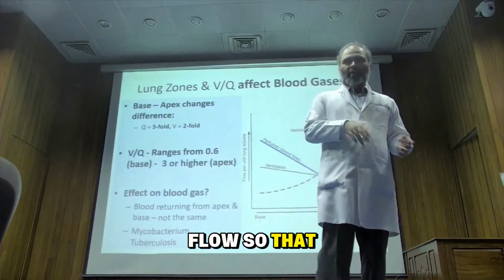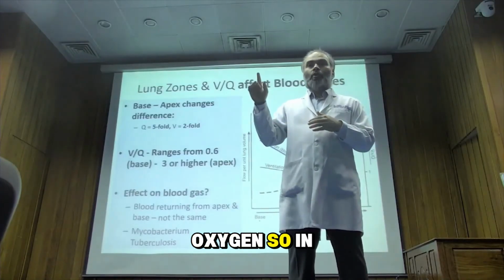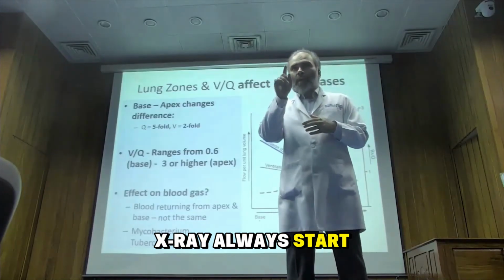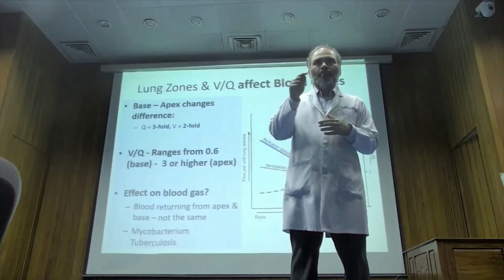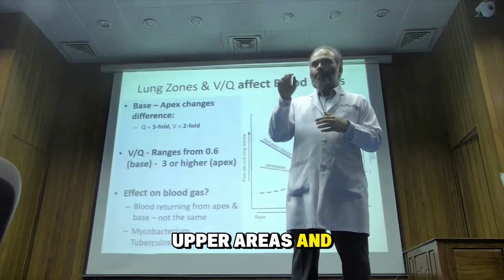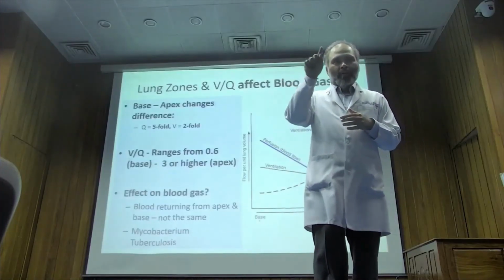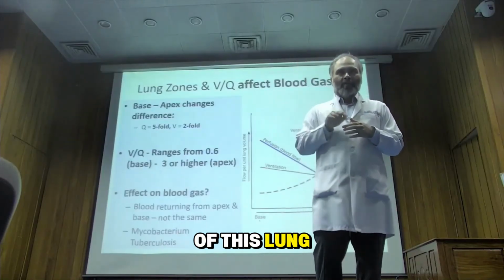Less flow so that it cannot be swept away, but very high oxygen. So in a TB patient on an X-ray, if you're suspecting TB, always start looking from the upper areas. And most probably you will find an area of tuberculosis in the apical regions of the lung.